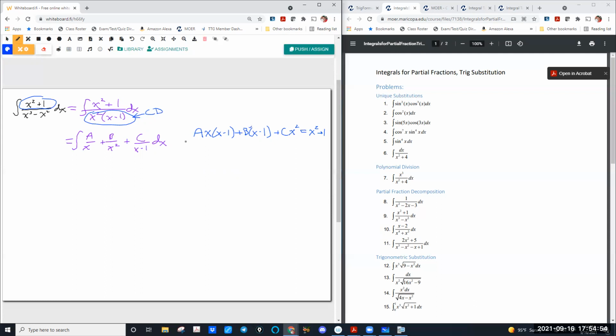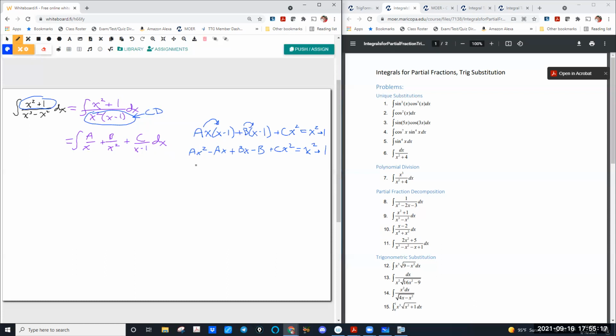Then the next thing we'll do is multiply everything out. So we'll distribute: Ax squared minus Ax plus Bx minus B plus Cx squared equals x squared plus 1.